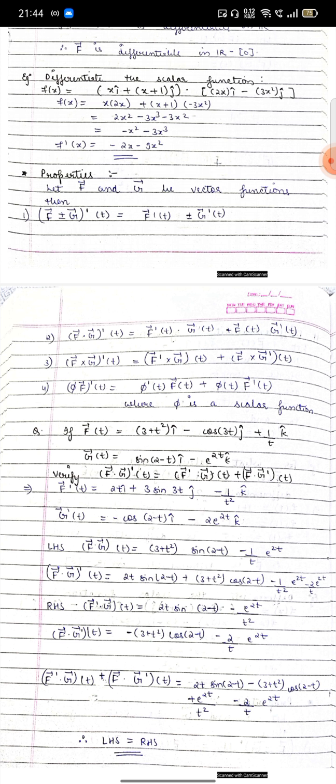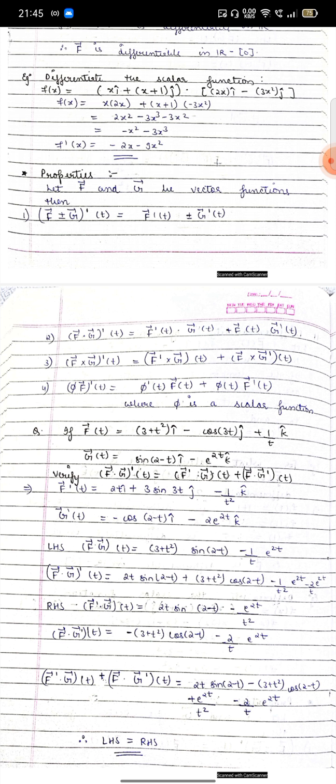Third, (f × g)'(t) = f'(t) × g(t) + f(t) × g'(t). Fourth, (φf)'(t) = φ'(t) f(t) + φ(t) f'(t), where φ is a scalar function.